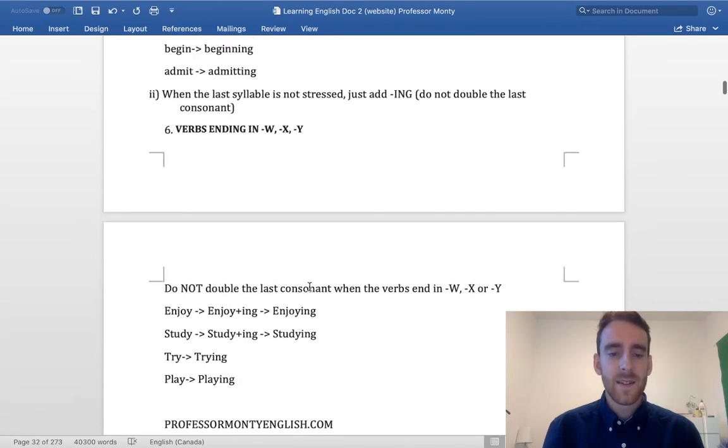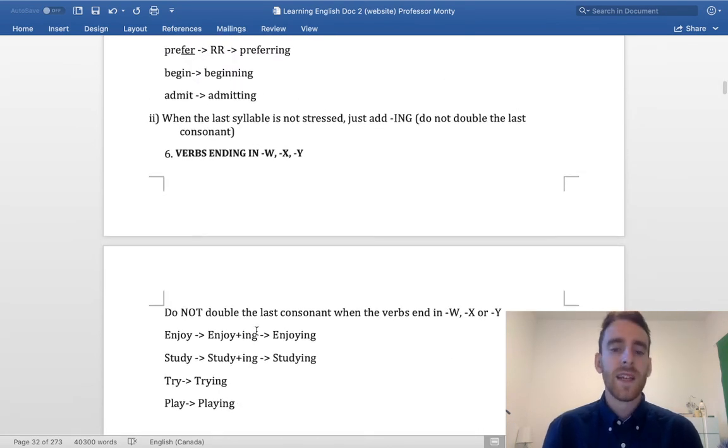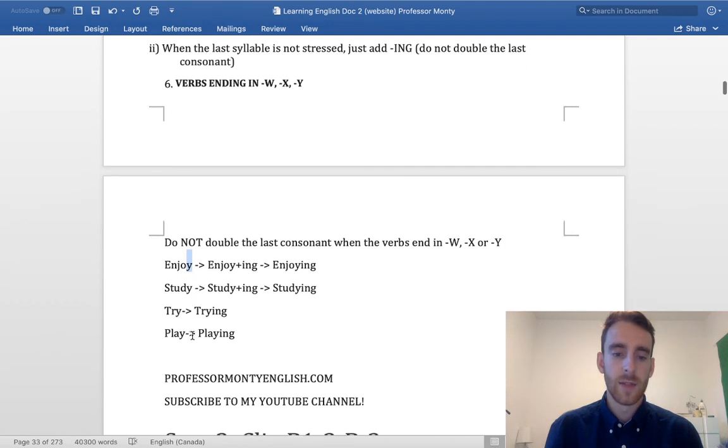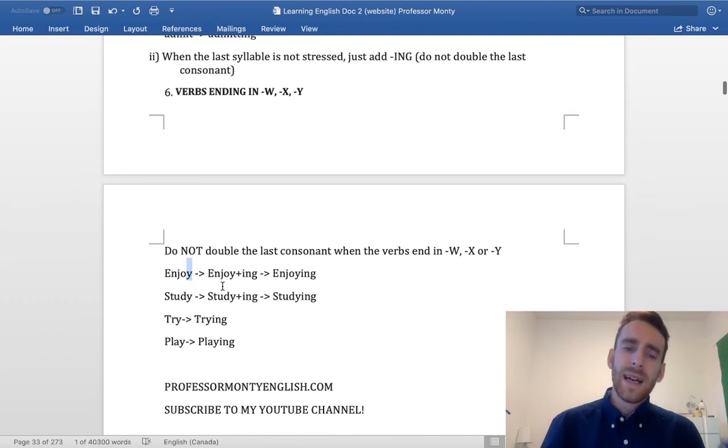And the last little thing here, a decent rule, is do not double the last consonant when the verbs end in W, X, or Y. So you have here enjoy, right? This is C, V, and C right here, right? Let me move it up. But we don't double it, okay? Why? Because it ends in Y. Perché? Why? Because it ends in Y. Pourquoi?